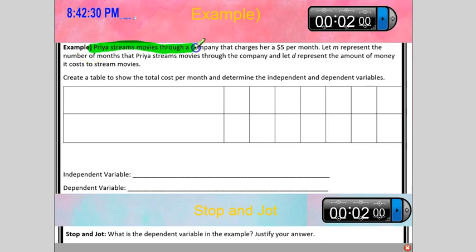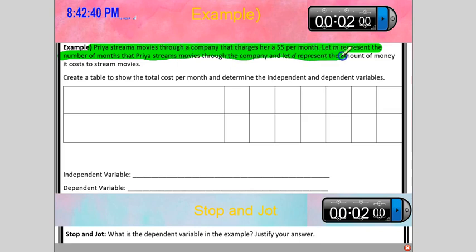Priya streams movies through a company that charges her $5 a month. Let M represent the number of months that Priya streams movies through the company, and let D represent the amount of money that it costs to stream movies. So we're going to create a table to represent this relationship. We will call this the number of months, because it says she gets charged per month.